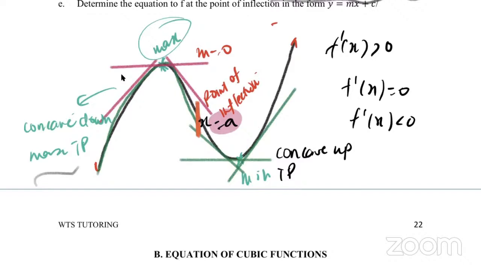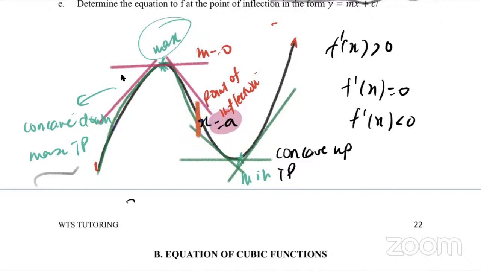I'm going to show you what we mean by that. If we're looking for concave up and concave down, we use the point of inflection. That's my idea, something I gathered along the way. So the concave down will be from the value a to the left.